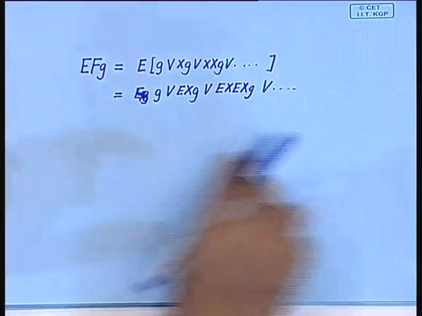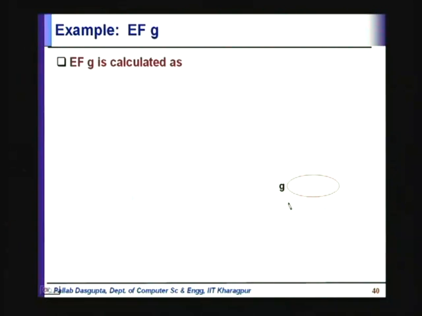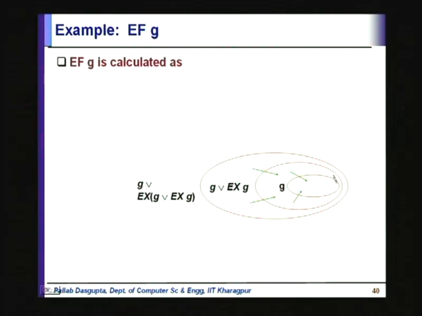So, what we will do therefore is we start with the set of states which satisfy G. This gives us G or EXG, the pre-image. We compute the pre-image of that set. So, this set of states satisfies G or EXG, right. Then computing the pre-image of that gives us G or EXG or EXEXG, right. Is that clear?